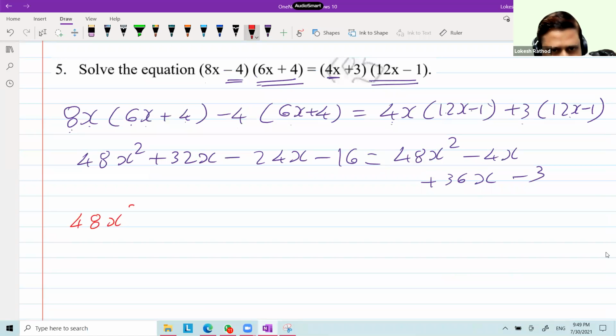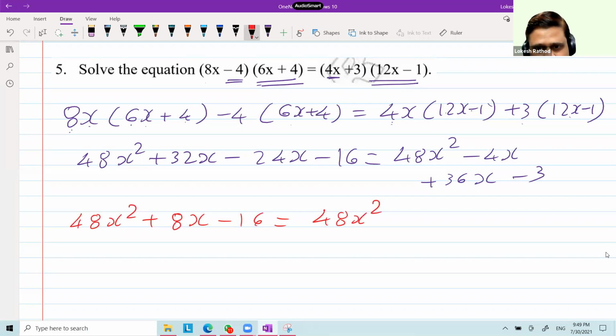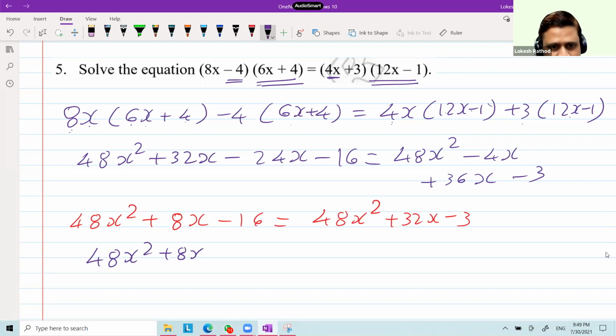So it's 48x squared plus 32 minus 24, that is 8x, correct? Then minus 16, and this side I'm having 48x squared, 36 minus 4, 32x, minus 3. Okay. Now variables on the left hand side, numbers on the right hand side. 48x squared plus 8x minus 48x squared minus 32x, correct?